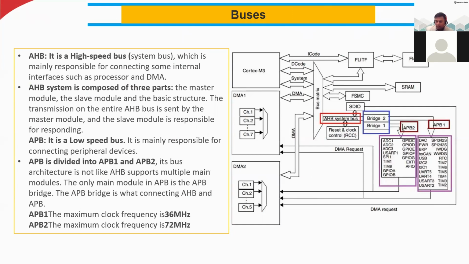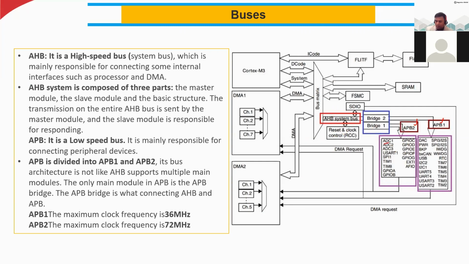Here you can see the AHB system bus, which transports high-speed data between the clock module, the SDIO module, and the bus matrix. And here we have APB1 and APB2, the low-speed buses, which are connected to all the peripherals.